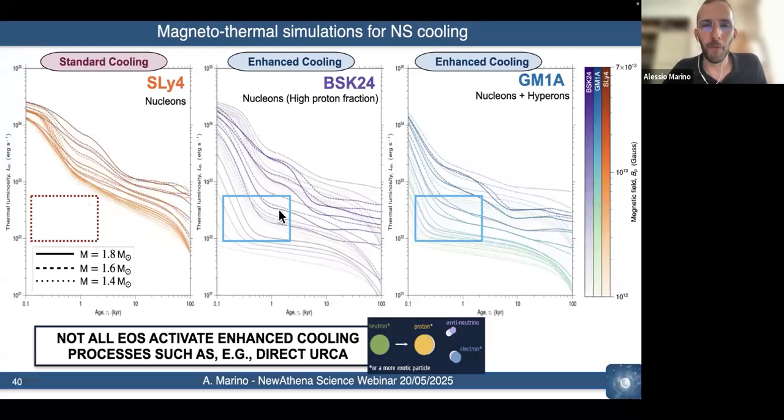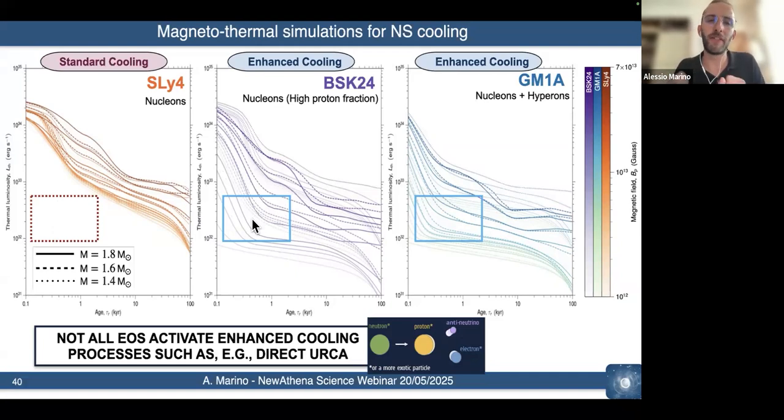As you can see, for example, in this case, the curves that actually populate this region are solid curves. So it means that they are populating this region if we allow for a heavy neutron star, for high mass neutron stars. Let's say, surprising.